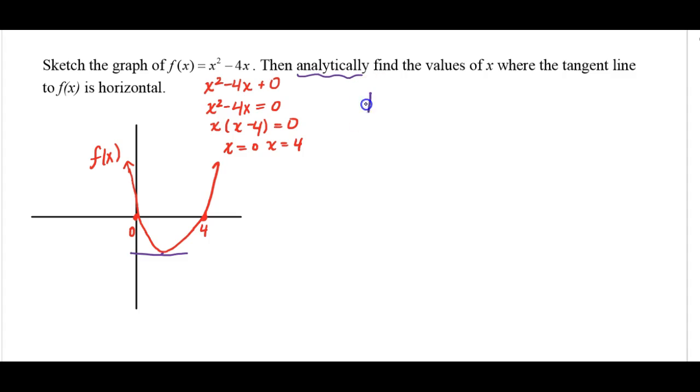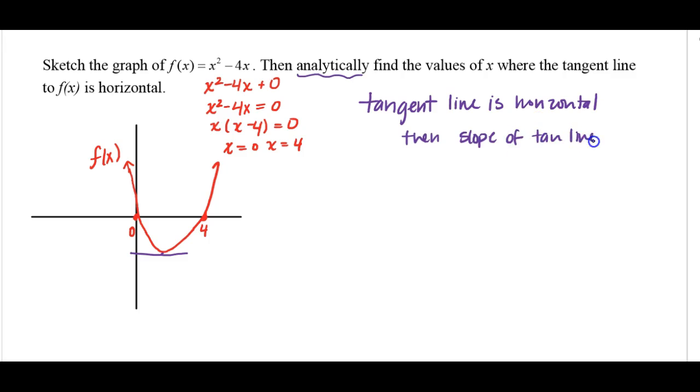So what I want you to remember is that if the tangent line is horizontal, then the slope of the tangent line is 0. Alright, so we want to know, where is the tangent line horizontal?